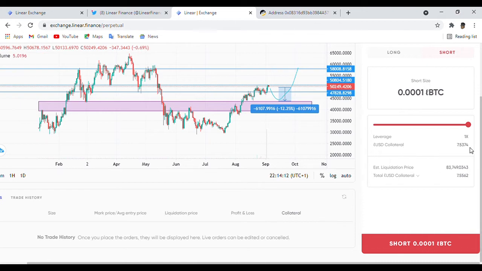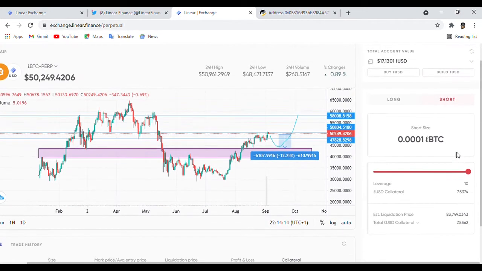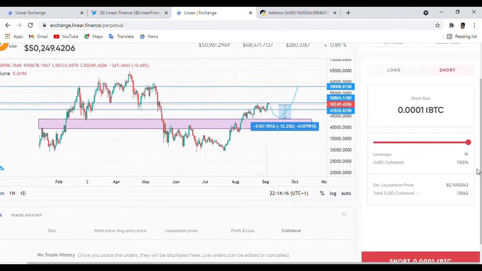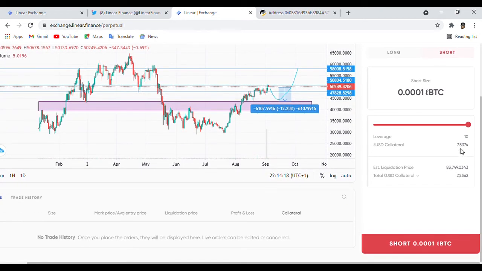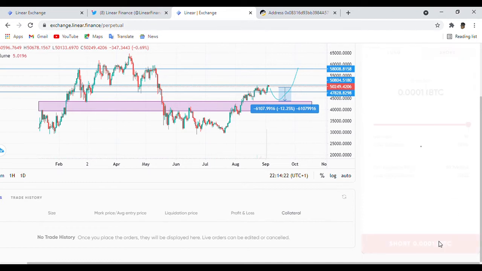Your LUSD collateral, the amount of USD you are going to use for the trade, is 7.53. Leverage is 1x, so we decide to go short. One thing I love about the linear exchange is you can make profit in whichever direction you're placing your trade. So confirm.